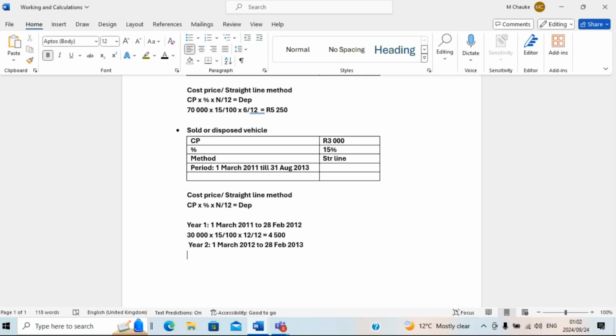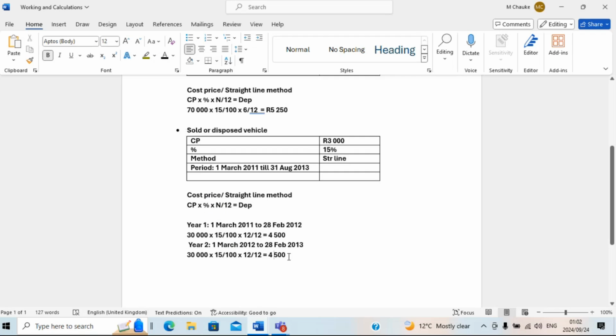It's going to be 30,000 multiplied by 15% multiplied by 12 out of 12, right? So we get the same as year one, which is 4,500. And now we already know that we have got 12 months year one, 12 months year two, that's 24.